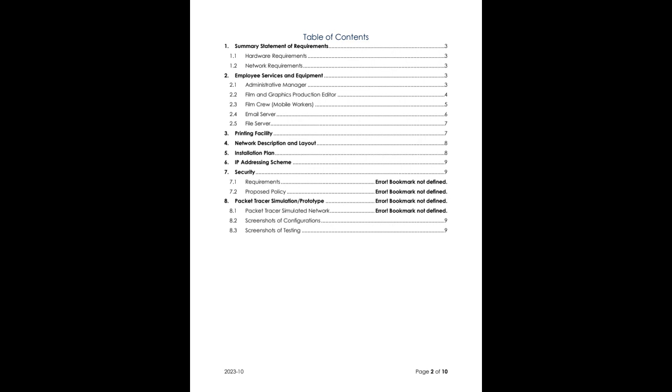Then you have your installation plan, your IP addressing scheme, you put a schedule, your requirements and policy. Then you should put at the end your Packet Tracer simulated network. You add the file, screenshots of configurations and screenshots of testing.